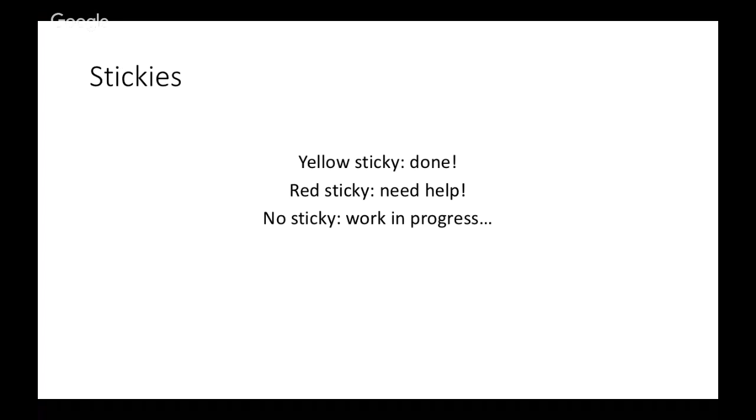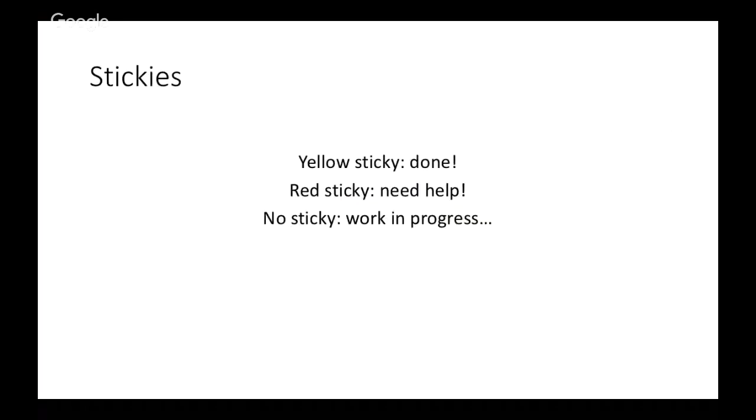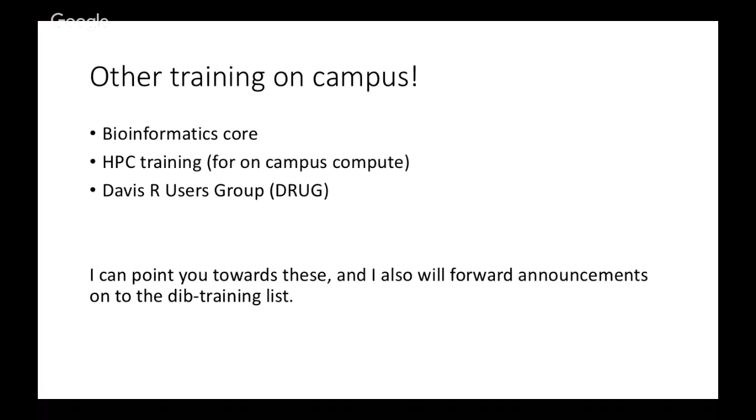All right. So, okay. So let's see, what else do I want to say? So that's pretty much it until before we get to the content. I said there's all these other workshops. There's actually also a bunch of other training stuff on campus. The Bioinformatics School runs training. There's HPC training for the on-campus computers. That's just started up. The Davis R users group also runs regular office sessions.